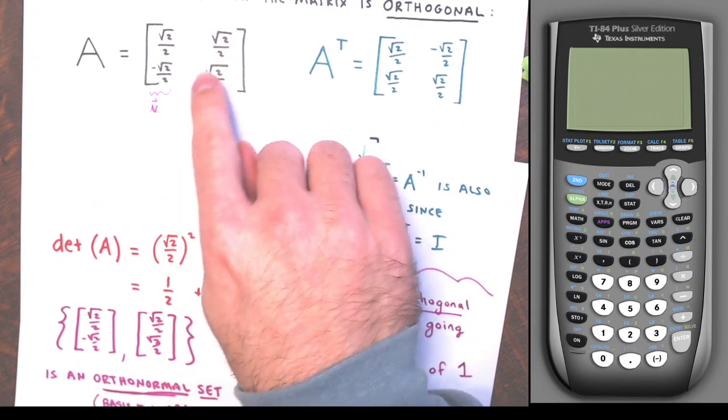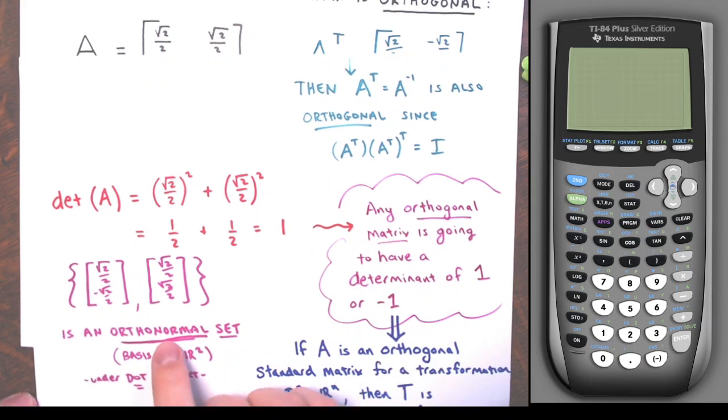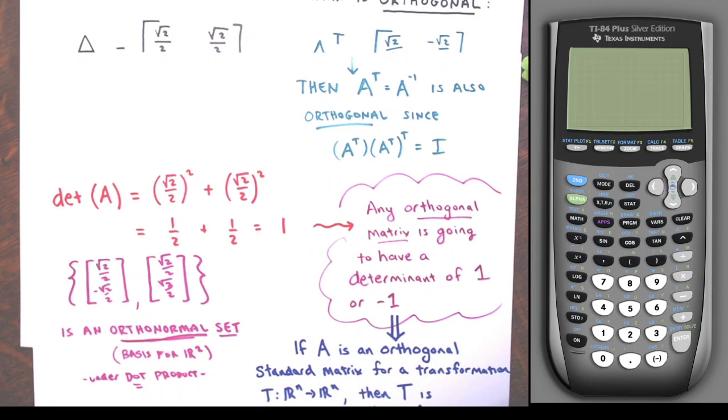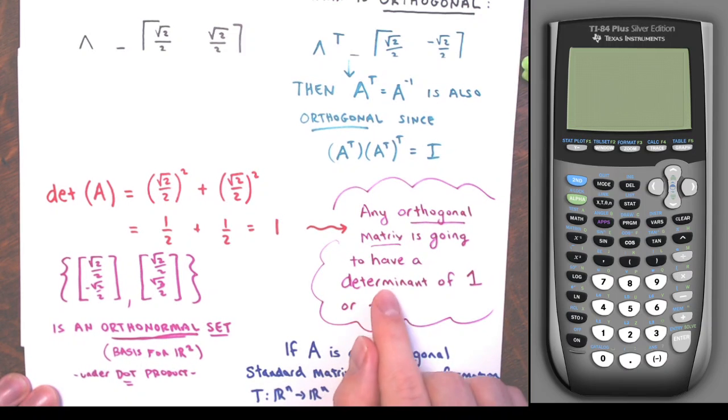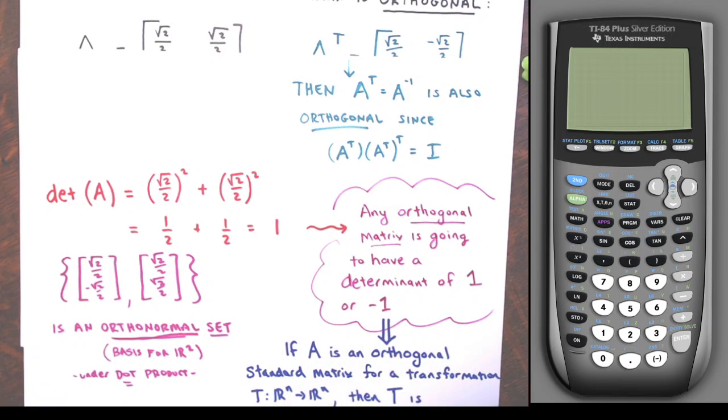The rows of an orthogonal matrix will form an orthonormal set. And if one of these things doesn't happen, then you don't have an orthogonal matrix. If the columns do not form an orthonormal set, then the matrix is not orthogonal. If the determinant of the matrix is not 1 or -1, then the matrix is not orthogonal.